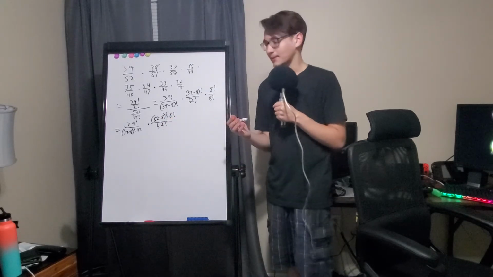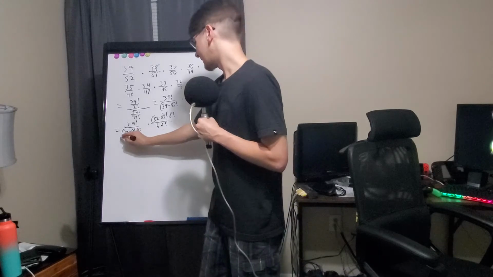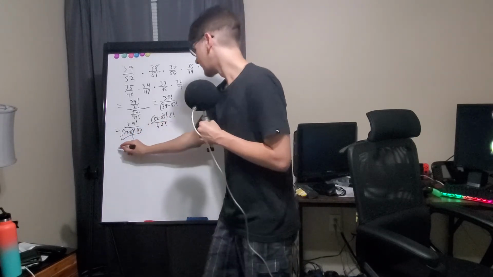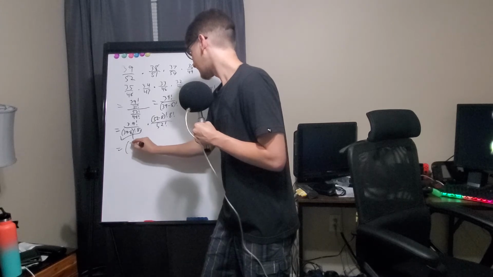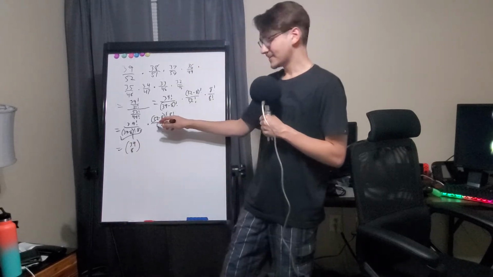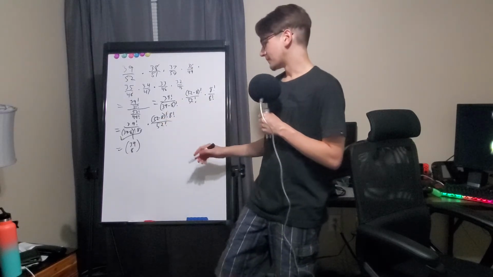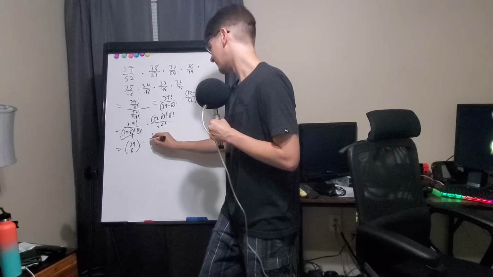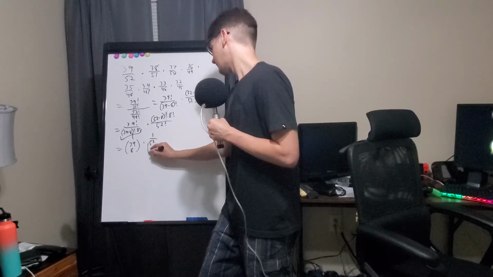And if you notice, this is none other than the definition of 39 choose 8. And then this is 52 choose 8, except reciprocated. So it's 1 divided by 52 choose 8.